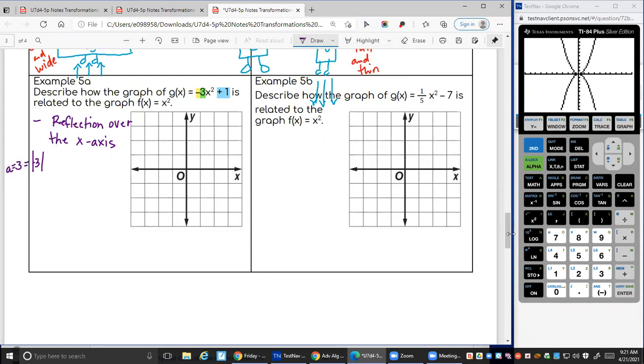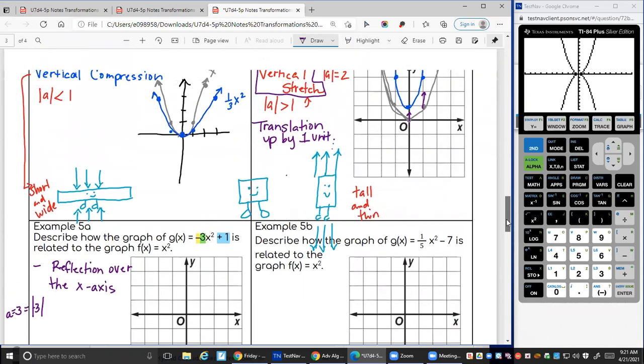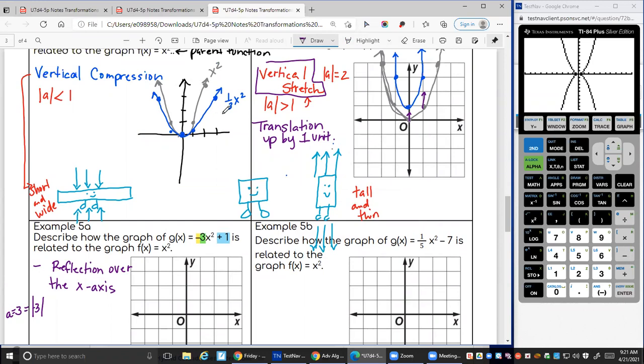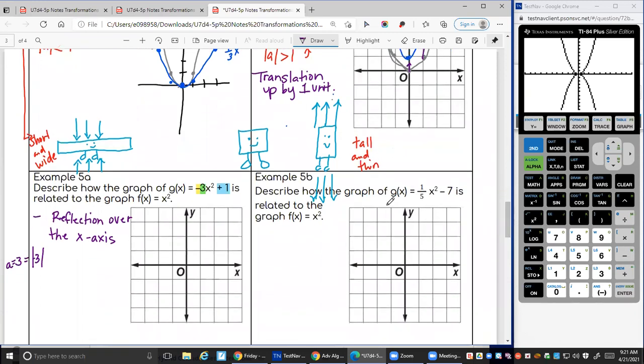And since the number is greater than 1, according to my notes, what's going to happen? Is it compression? Is it going to get short and wide? Or is it stretch and it's going to get tall and thin? Stretch. Good. So I'm expecting kind of something more skinny, right? So I'm going to put here, this is called vertical stretch. Good, Lorenzo. If you wanted to get really fancy, you could say by a factor of 3.